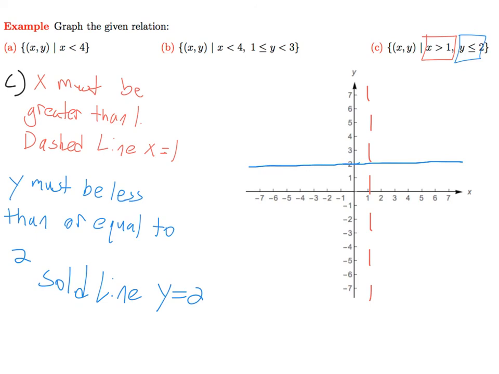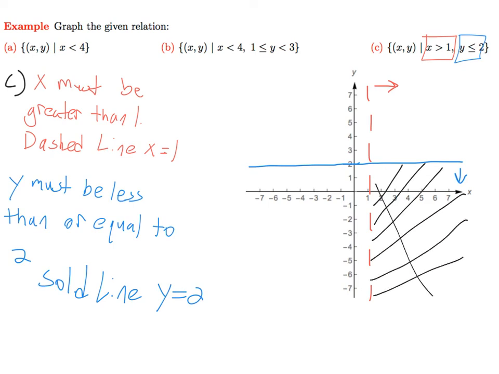And now we want to pick the values for x that are greater than 1. So we're going to go on this side and less than or equal to 2. So that means down below the blue line. So we want to go to the right of the red line and below the blue line. And that puts us right over here. All these values in this black shaded area over here.